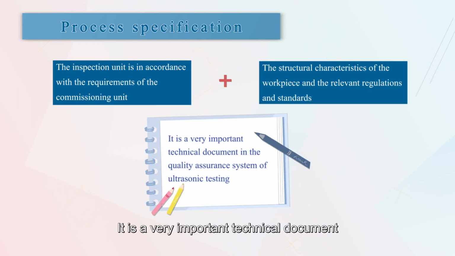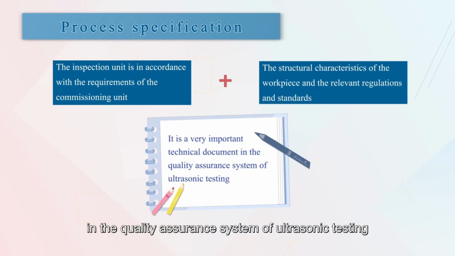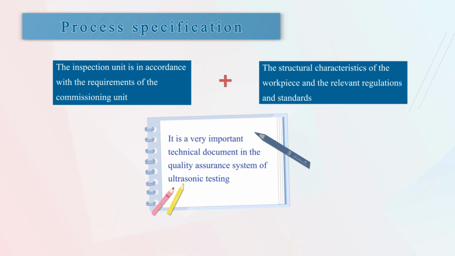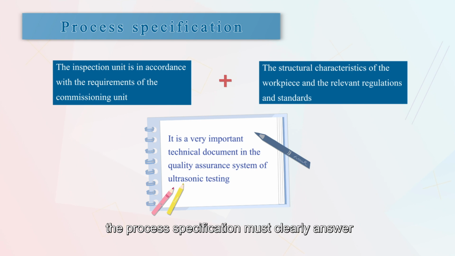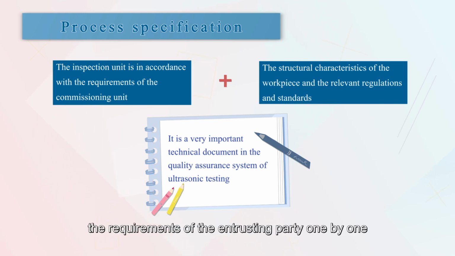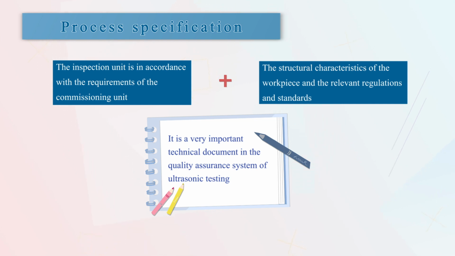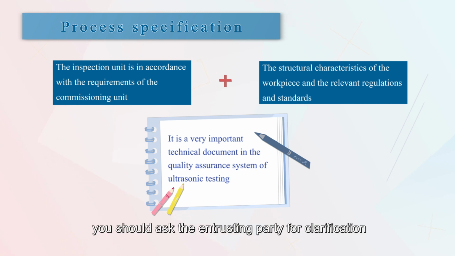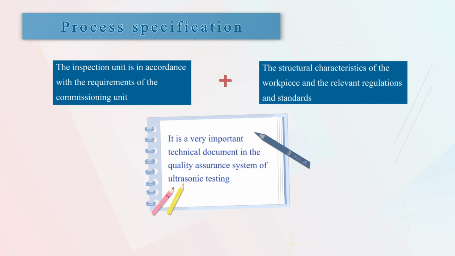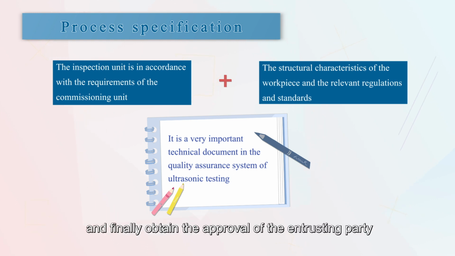It is a very important technical document in the quality assurance system of ultrasonic testing. Therefore, the process specification must clearly answer the requirements of the entrusting party one by one. If you have any doubts, you should ask the entrusting party for clarification and finally obtain the approval of the entrusting party.